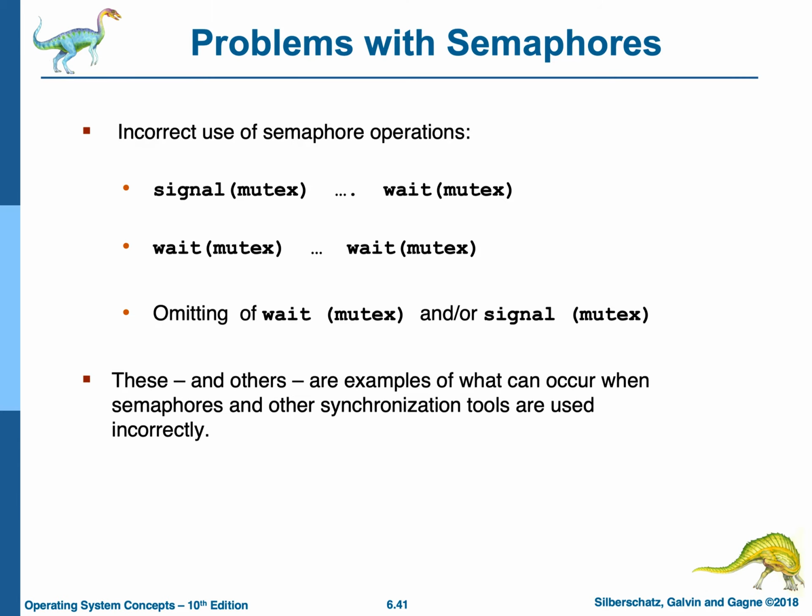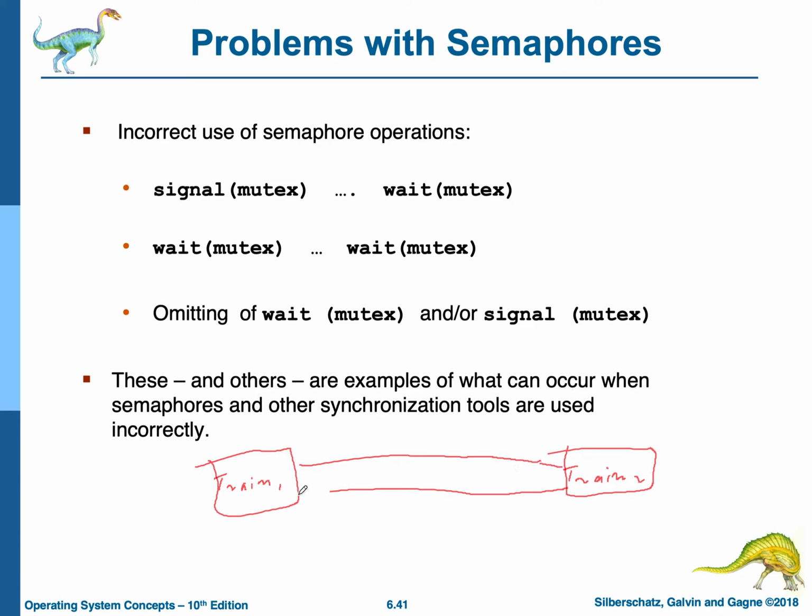Okay, so the problem with semaphore is that, for example, if there is a train 1 and there is a train 2, and both of these trains are waiting for this track to be released, then such a situation is a deadlock, right?